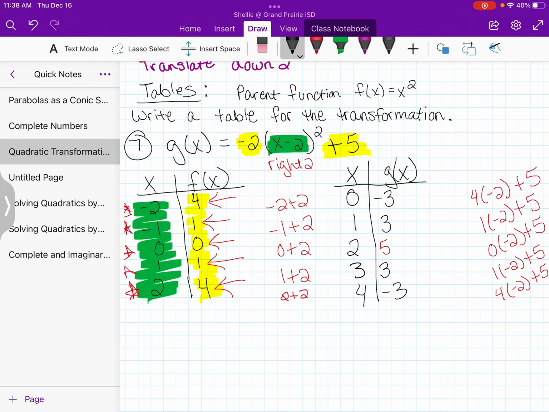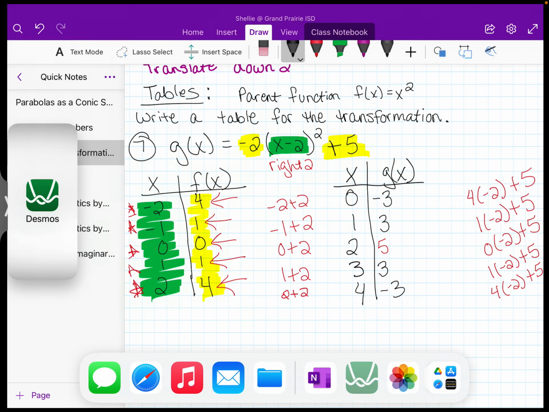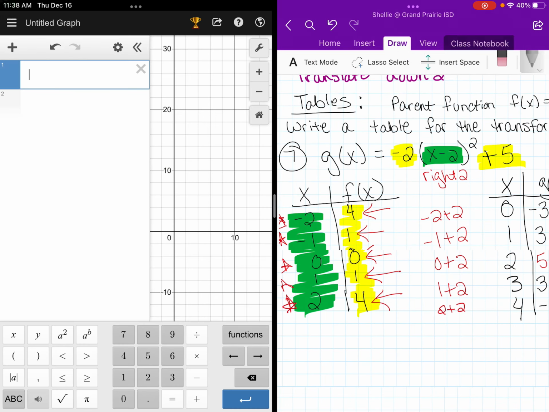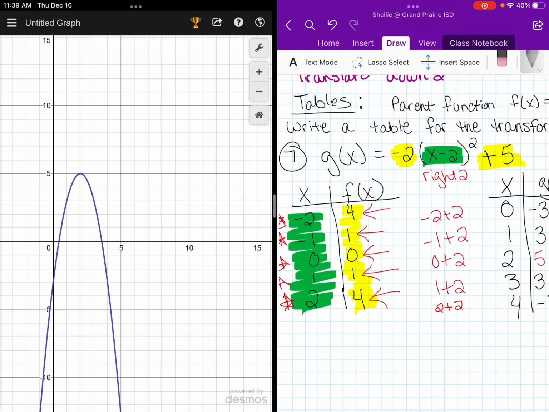Now you can quickly check that if you just put it in Desmos. So if you'd like to go ahead and check your work, this is how you would do that. So you just put it in Desmos, and I'm going to put that g of x function in Desmos. So it was -2 parentheses x minus 2 squared plus 5. And you can see right here, you can see these transformations.